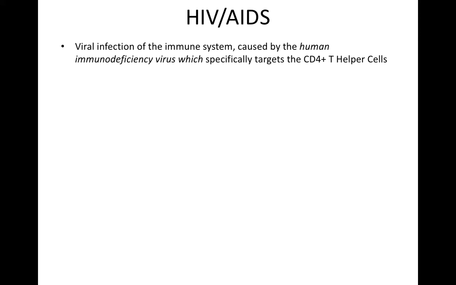Will they progress to AIDS? As far as we know, probably, but treatment is working fairly well. So we're in kind of a gray area where we don't really have a cure or anything, but we're doing a lot better with it. And so we don't really know exactly if everyone will progress to AIDS.